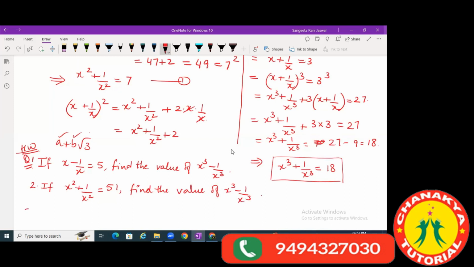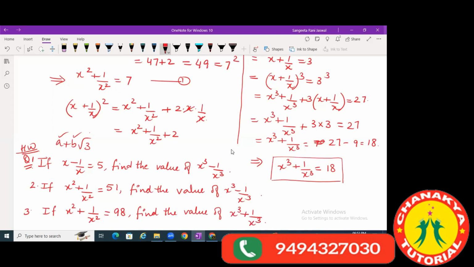Take another question of the same type. If x square plus 1 by x square is equal to 98, then find the value of x cube plus 1 by x cube.